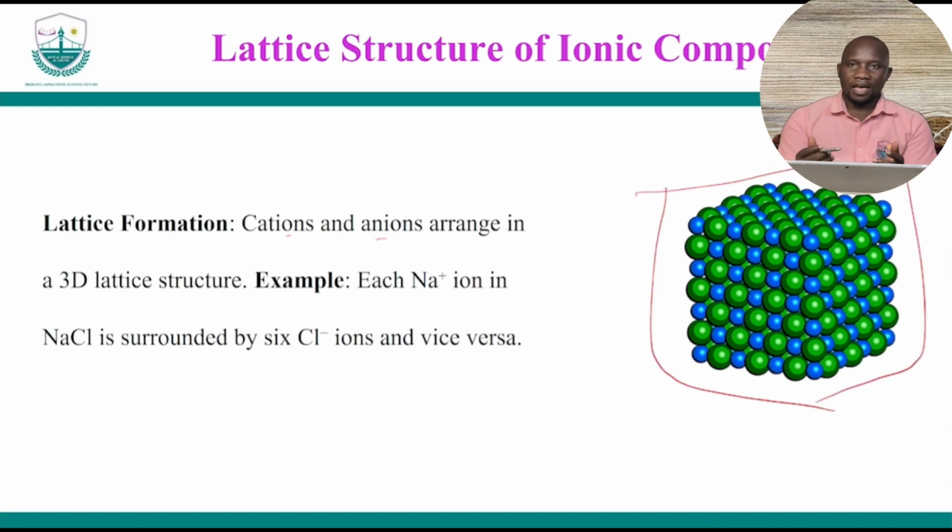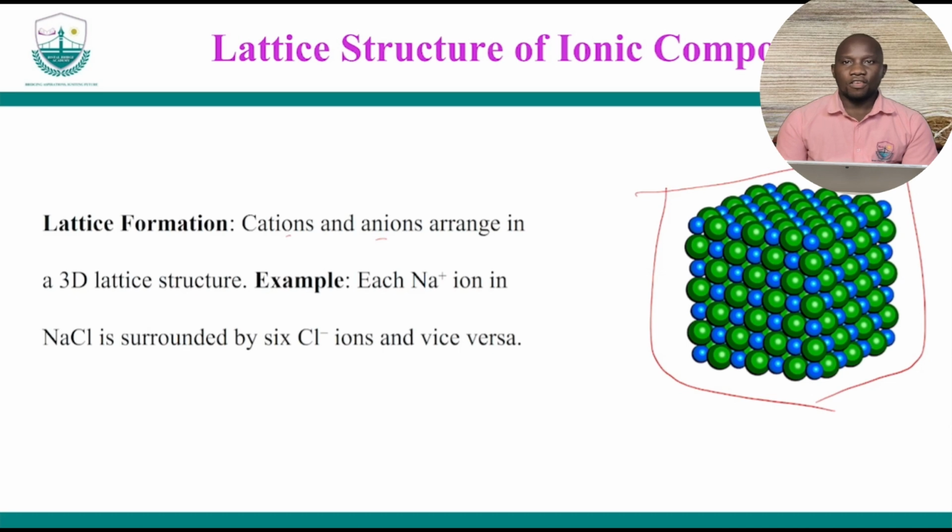This depicts a 3D structure of the lattice, a very giant ionic structure with electrostatic attractions. Each sodium ion is surrounded by 6 chloride ions, and the same thing happens to the chloride ions.